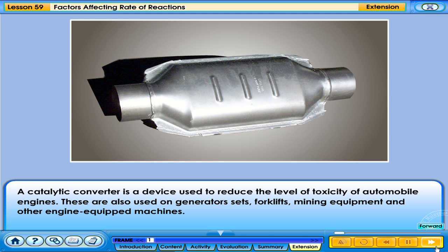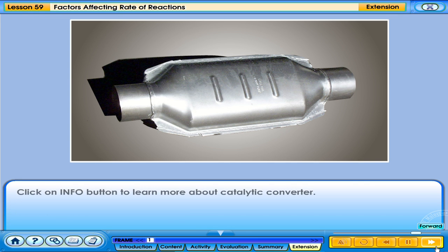A catalytic converter is a device used to reduce the level of toxicity of automobile engines. These are also used on generator sets, forklifts, mining equipment, and other engine-equipped machines. Click on the Info button to learn more about the catalytic converter.